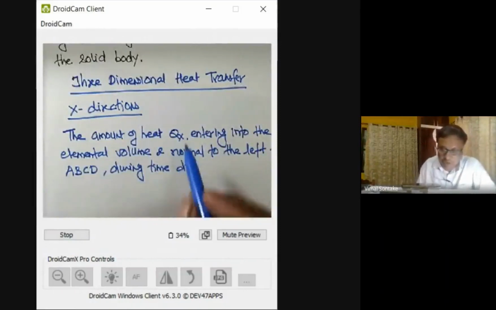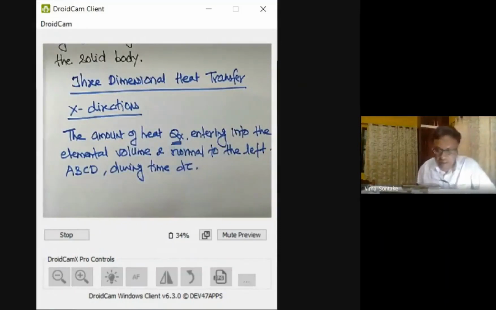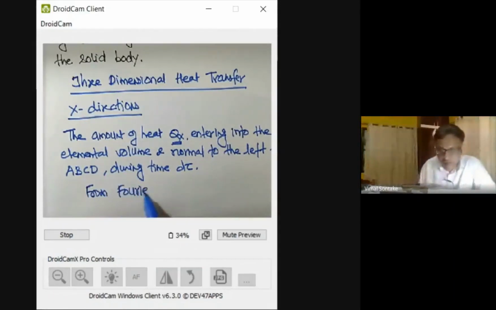So I want to write the equation for this Qx, that is the amount of heat which is entering into the elemental volume perpendicular to the left face ABCD during time d tau. So this is a one-dimensional heat transfer. So I can recall Fourier's law of heat conduction to write the equation for this amount of heat.